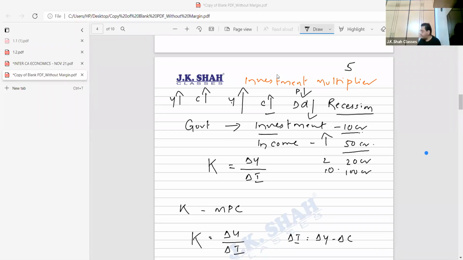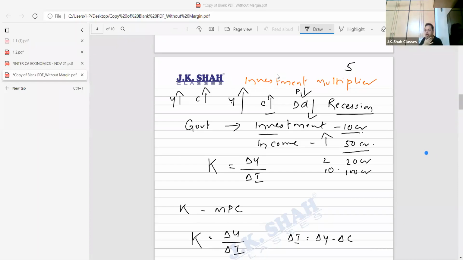Now please go ahead. Right below that, relationship between K and MPC. K is the multiplier, and MPC.